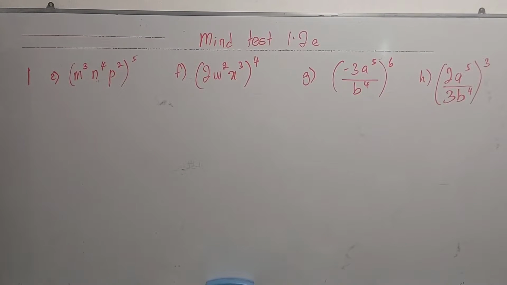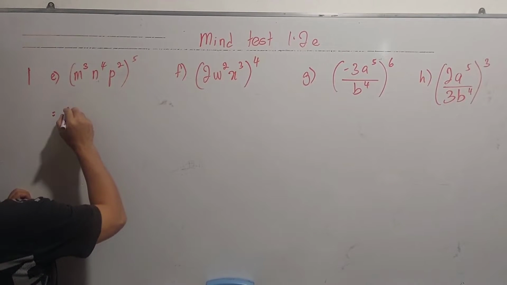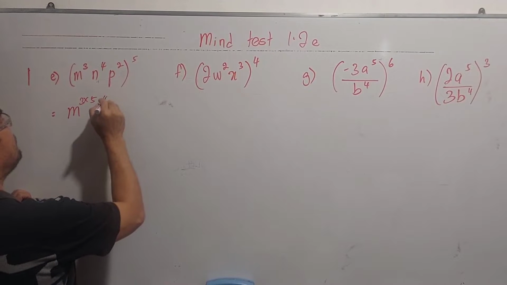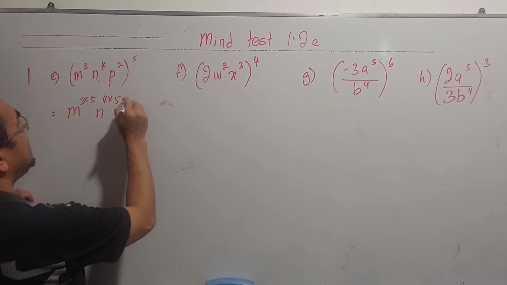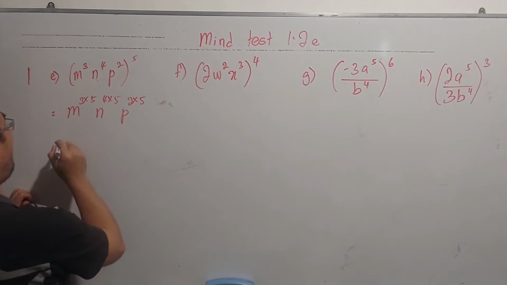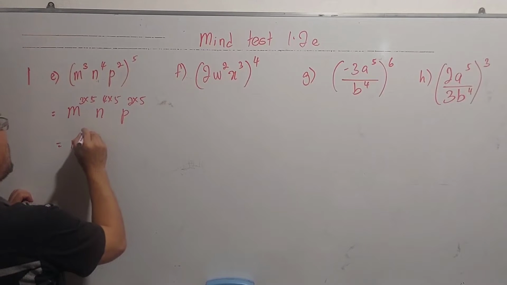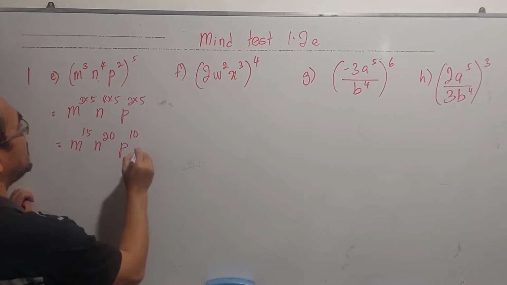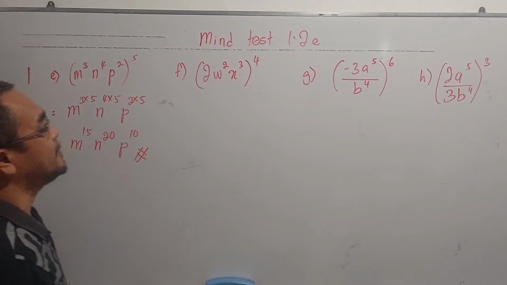Okay, let's continue with number 1E. Similarly, you have M 3 times 5, N 4 times 5, P 2 times 5. So M to the power of 15, N to the power of 20, P to the power of 10.